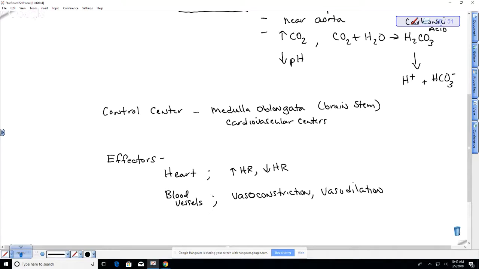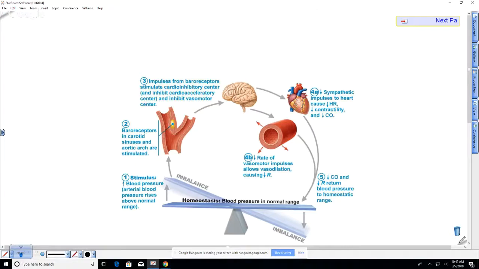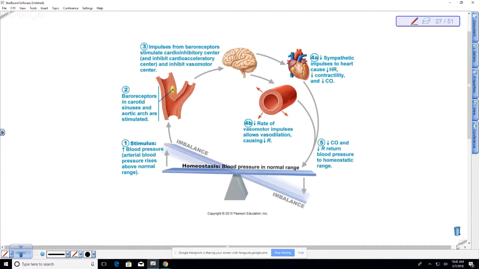Okay. So in your book, you would want to take a look at the diagrams. These are the two effectors. This is the receptor. The brain would be the control center. So if my blood pressure is too high, it's going to cause a decrease in heart rate, and it's going to cause a vasodilation.